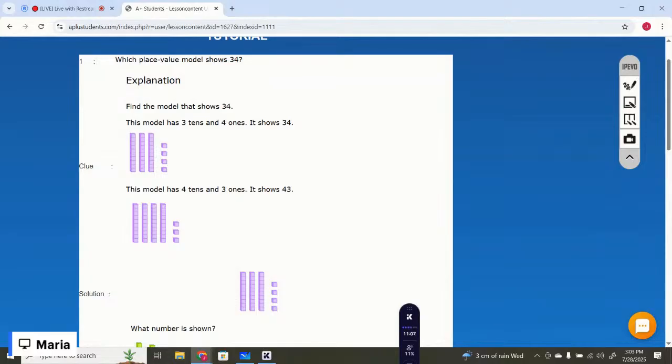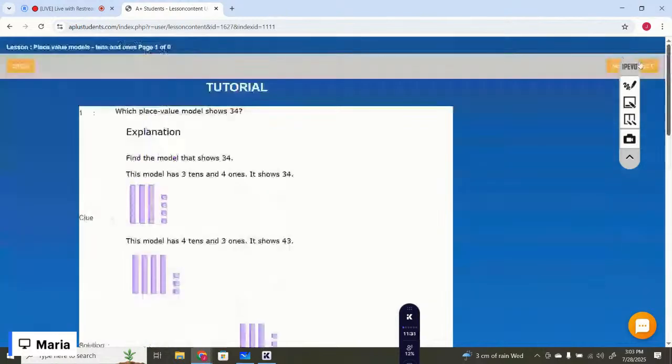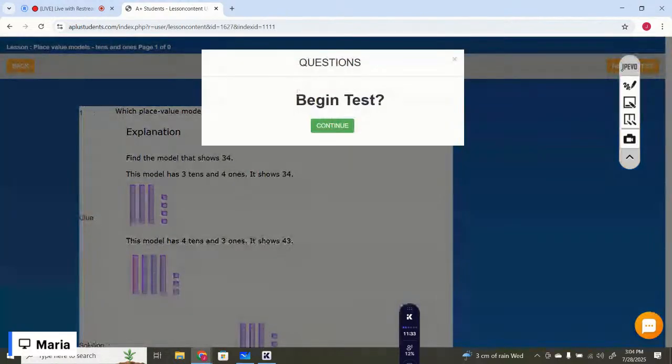So three tens and four ones makes 34. Let's just start with the test questions.